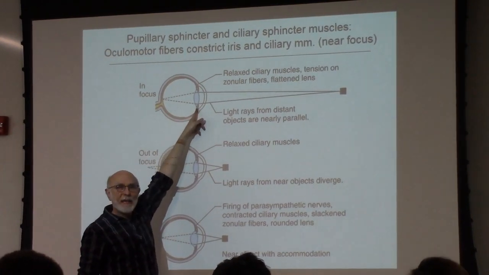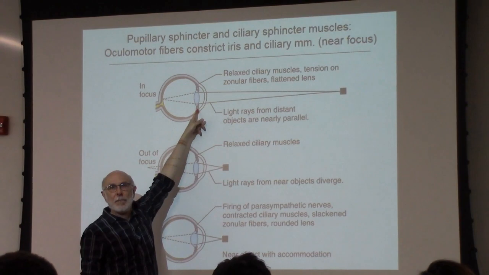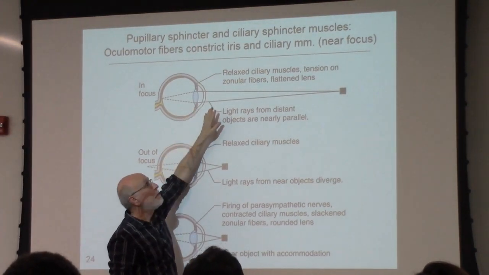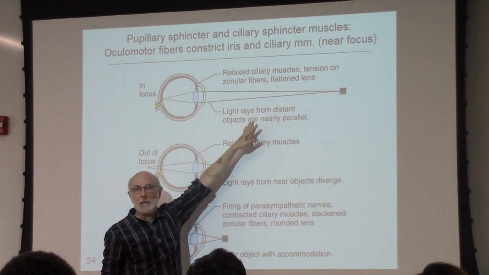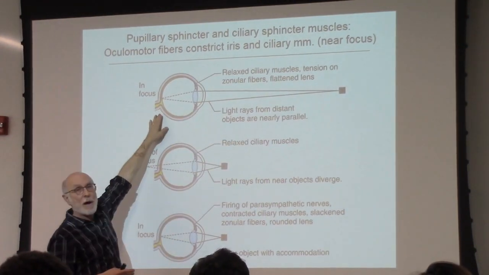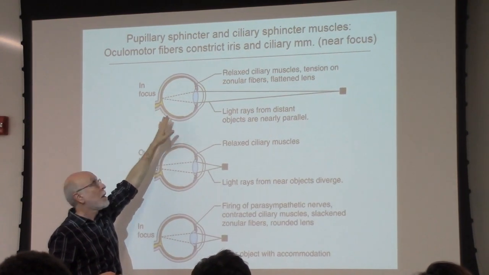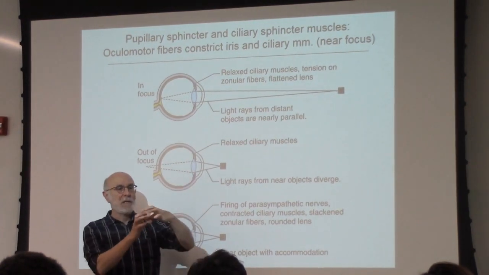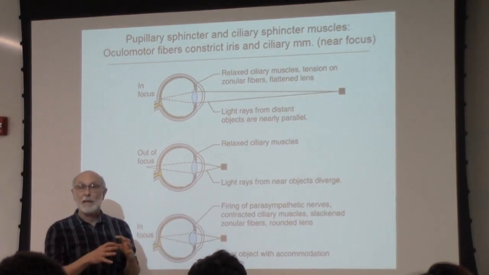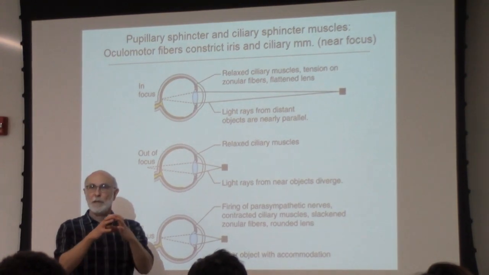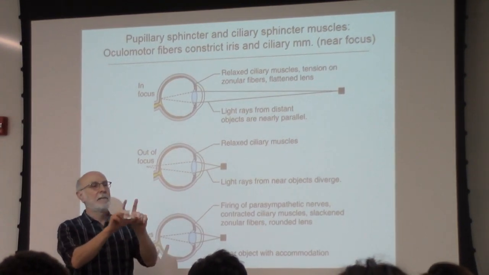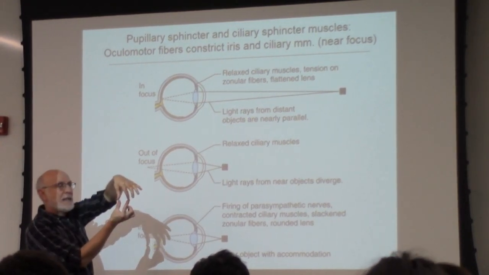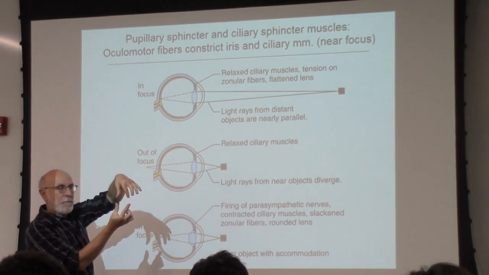The lens is relatively flat. A flat lens allows me to focus distant objects, images from distant objects, onto my retina. To get a flat lens, so the lens is suspended by those ligaments, the zonular fibers, I have to put a lot of tension on those ligaments in order to pull it flat.